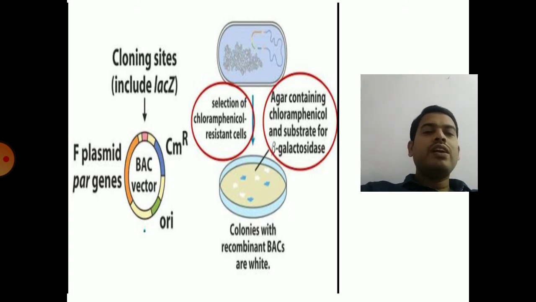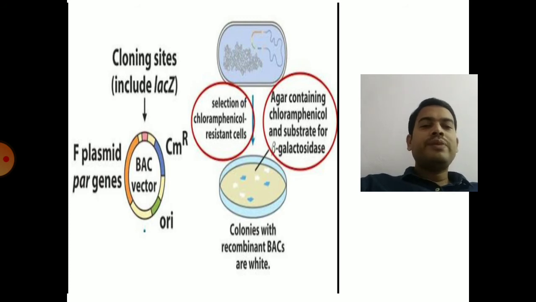Sometimes both chloramphenicol and X-gal are used in the same petri dish, and you allow the cells to grow. Colonies with recombinant BACs are white in color because your insert is in the lacZ region, so there won't be expression of the lacZ gene. The blue colonies are non-transformed cells where the expression of the lacZ gene is seen, where blue color is obtained because of conversion of X-gal to X and gal.